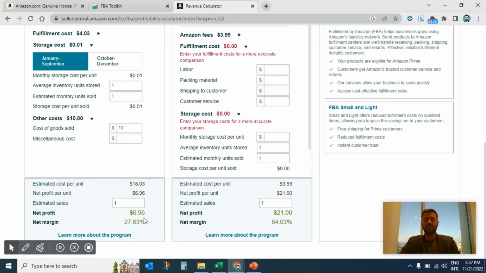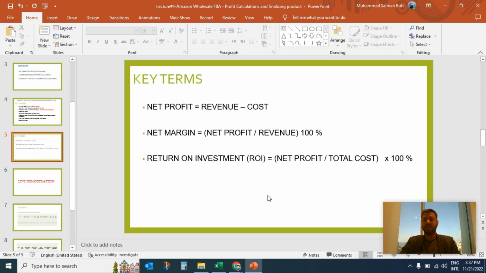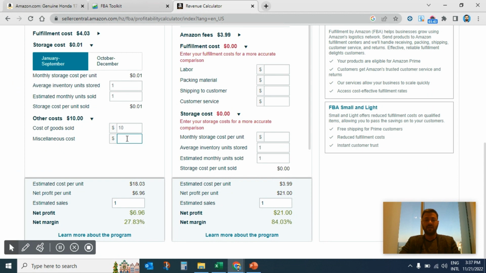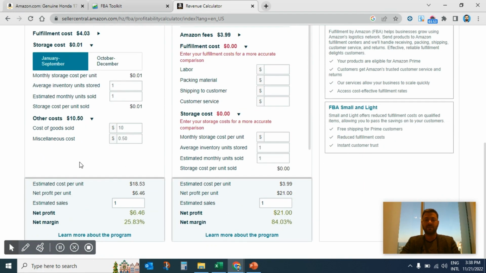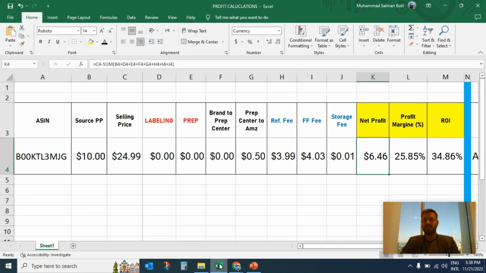It is here 6.96, and miscellaneous I will put here just 50 cents because I have taken shipping charges here. We don't have shipping charges separately, so I will just enter here. So you can see it is the same results, the same results as the Amazon revenue calculator.